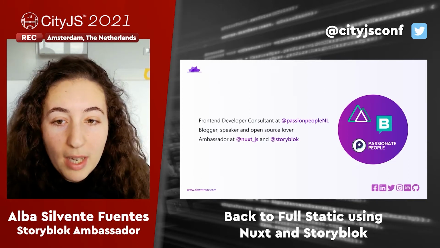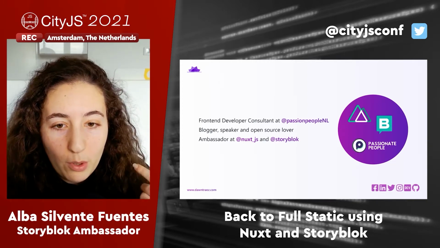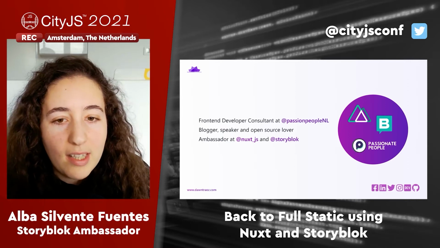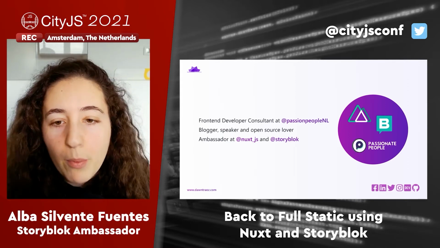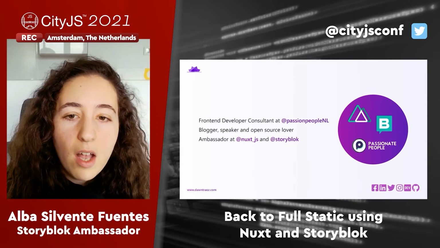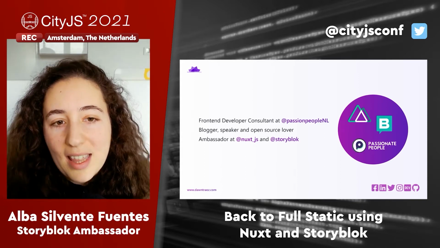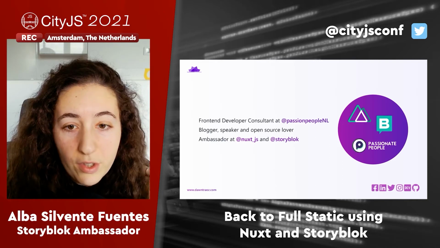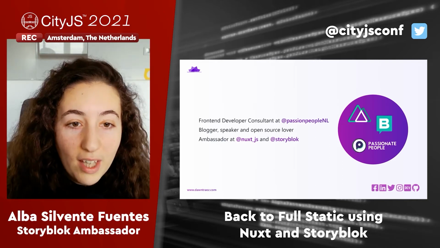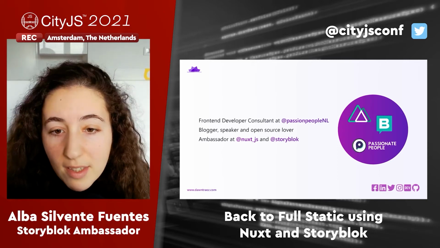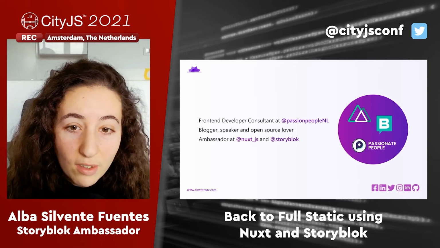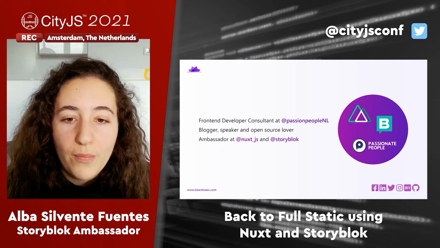The past year I started building my own website, downtrust.com, that you can see at the bottom of the slide, where I write articles about the tech stack I use in my side projects and also some tips and tricks on the things I have learned the past years. Thanks to that, I discovered the open source community and I started contributing in some projects and I started speaking at conferences about the stuff I'm working on.